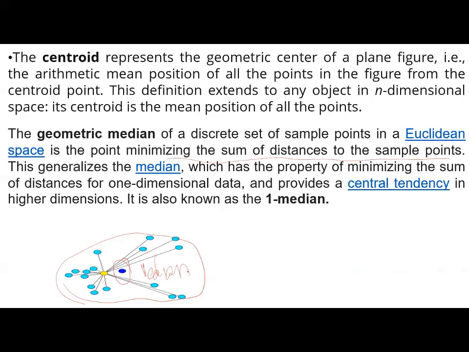How is it calculated? All distances are squared, then take the average, and then you plot it, you'll get this. This is called the geometric median, my dear friends. Hope you understood.